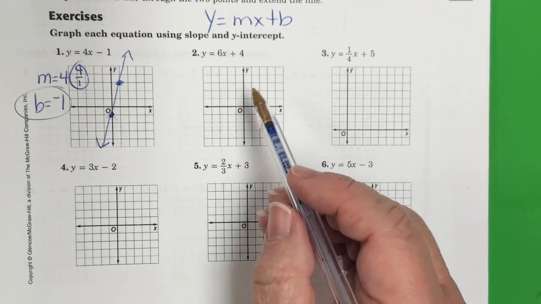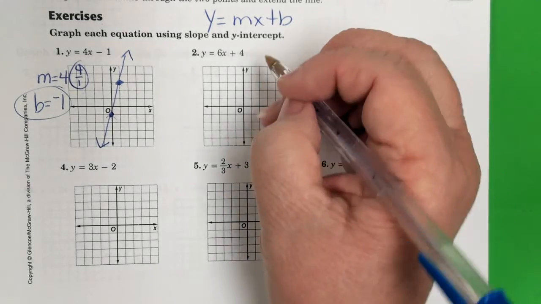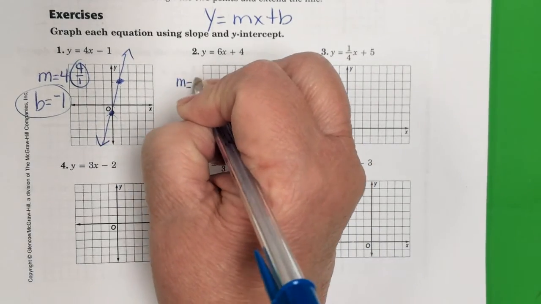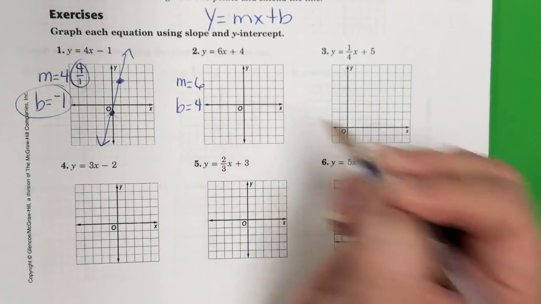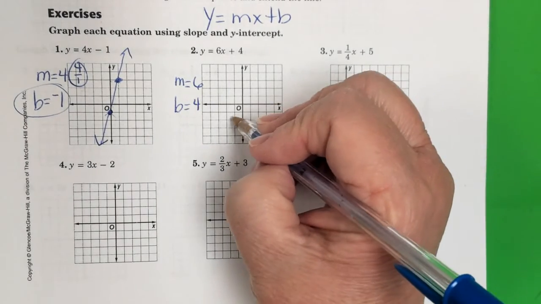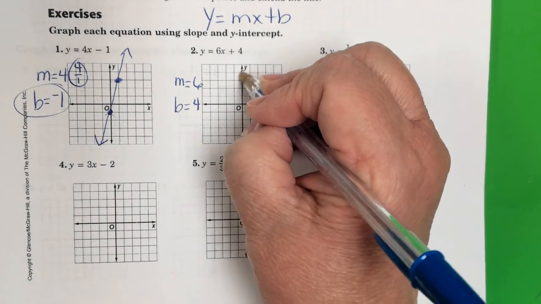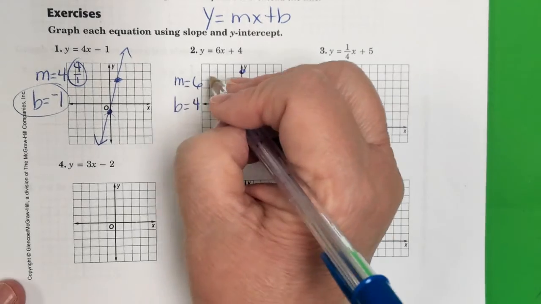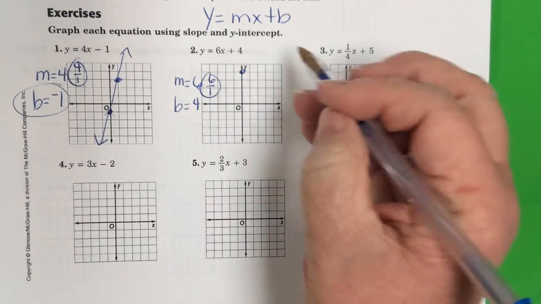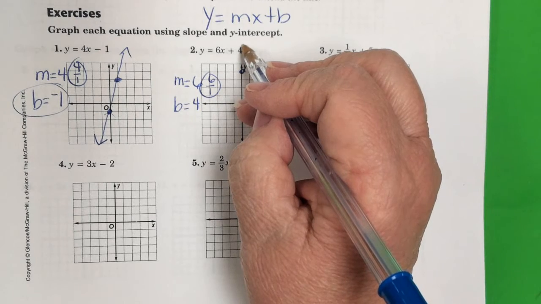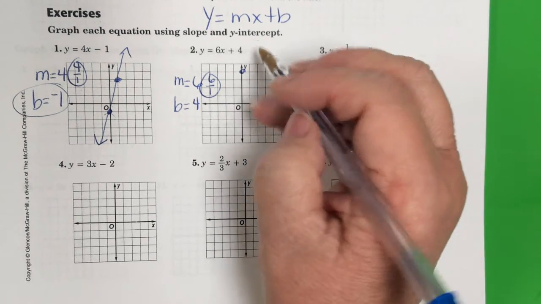Next equation, problem number 2. The slope is 6. The y-intercept is 4. If we go to the y-axis, go to positive 4, we know that 6 is 6 over 1. If we go to count positive 6, up 6 over 1, we're out of graph paper.